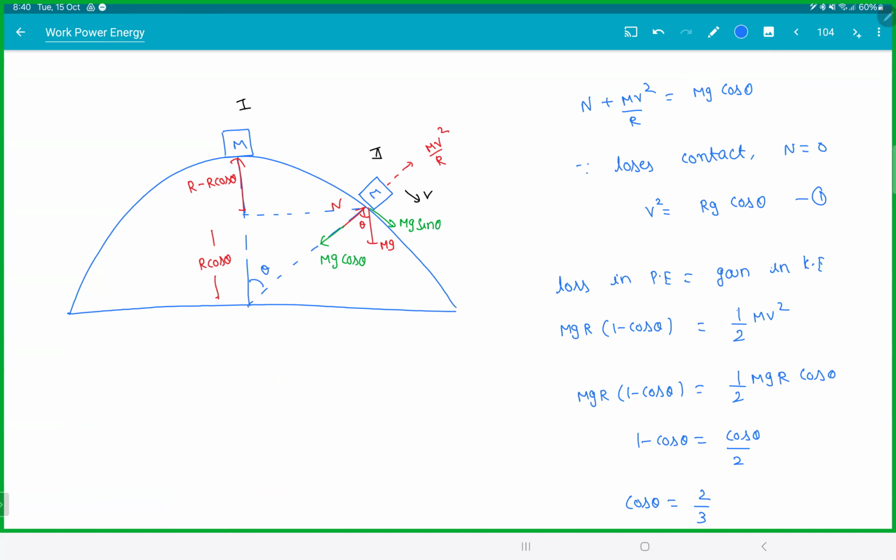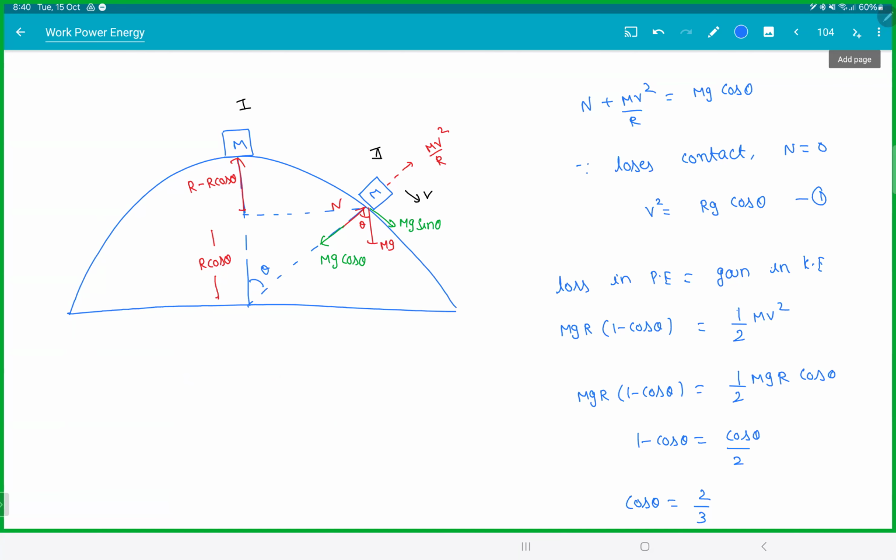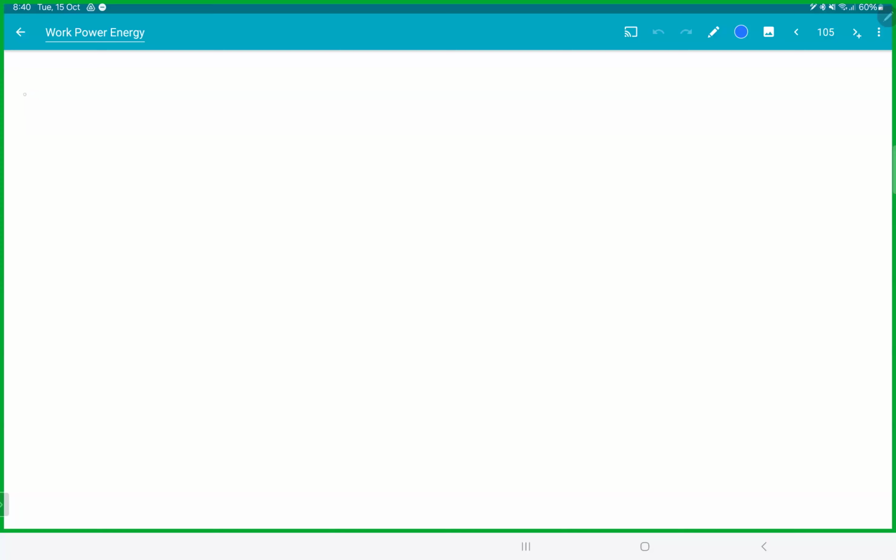This is the standard question there. I'll give you a homework question. Try this. Next class we will discuss. So we have a sphere here, initially vertical.